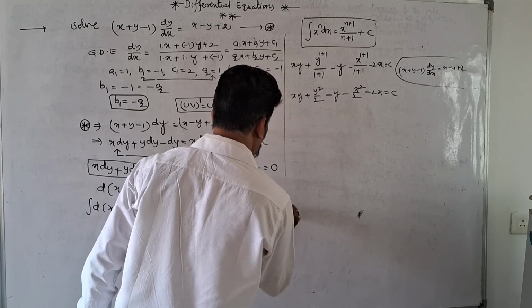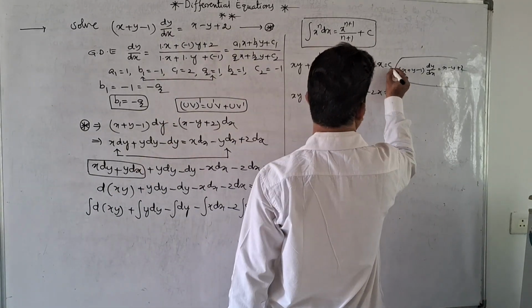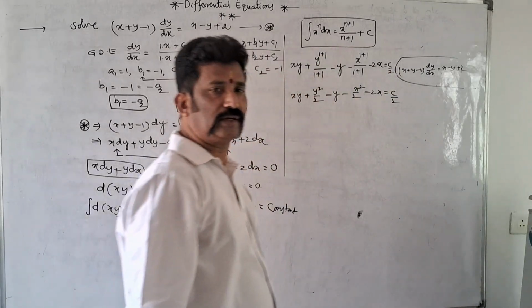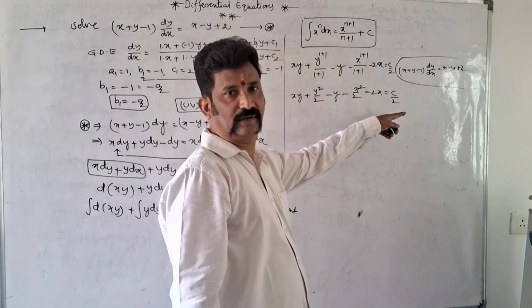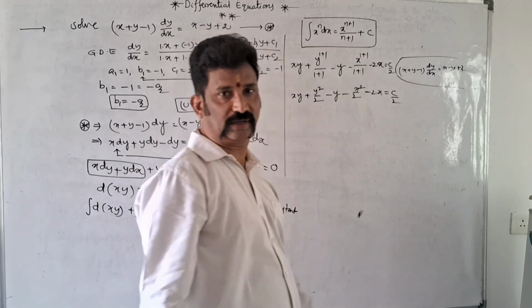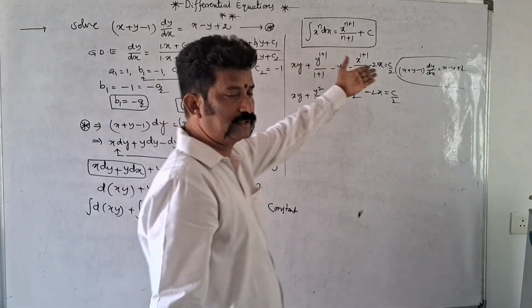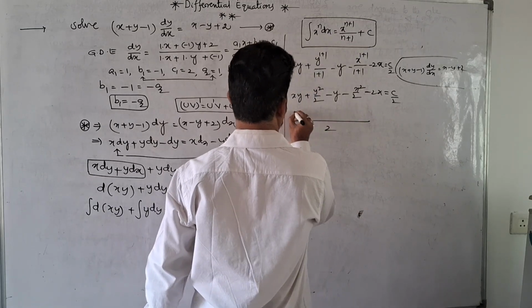Of course, this one is constant. This constant, I suppose, is c by 2. Why? Is it necessary to write like this? We can take the LCM, and the 2 cancels. For example, if this LCM is equal to 3, then we can write it as c by 3. So the LCM is equal to 2.